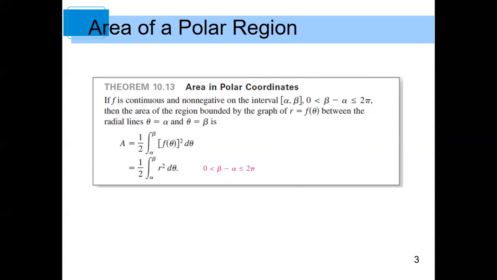Why is it that I put the restriction that the difference between alpha and beta had better not be bigger than 2 pi? Why would I put that restriction on there?